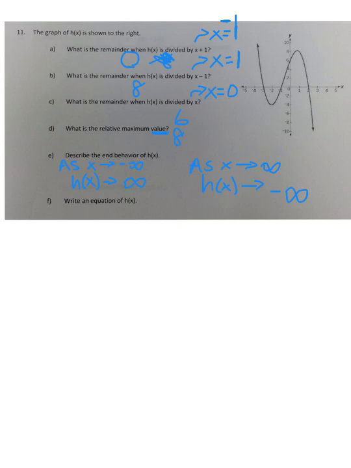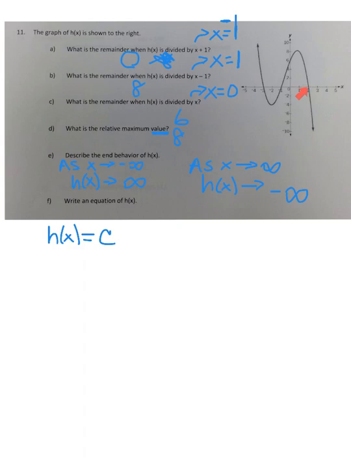All right, part F wants you to write the equation of h of x. So we know that any equation should have a constant for its leading coefficient. Now, if we look at the zeros, we have a zero at x equals negative 3, at x equals negative 1, and at x equals 2.